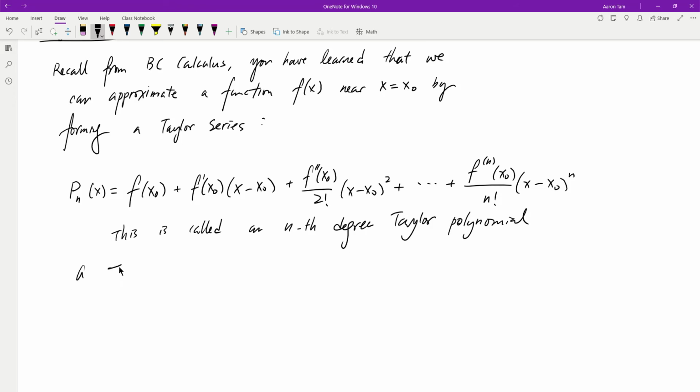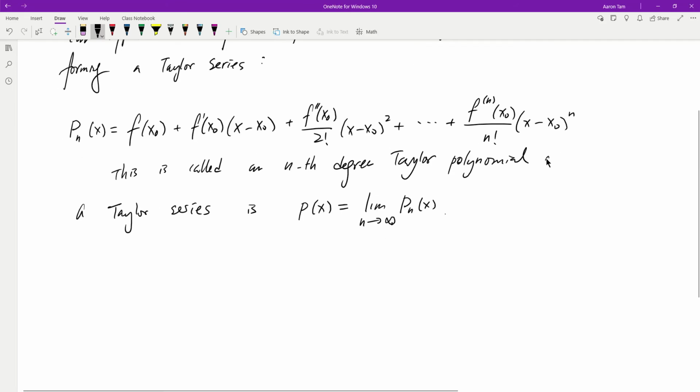A Taylor series is basically the limit, or well, maybe I would call it P of x, just basically equal to the limit as n approaches infinity of P sub n of x, around x equal to x sub 0.